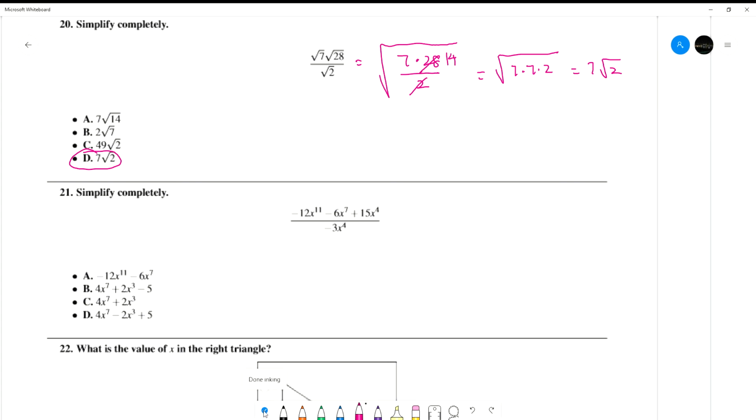All right, let's try 21. So you're taking a polynomial, dividing it by a monomial. So you divide every term in the numerator by negative 3x to the fourth. So as your intermediate step here, you have something that looks like this.